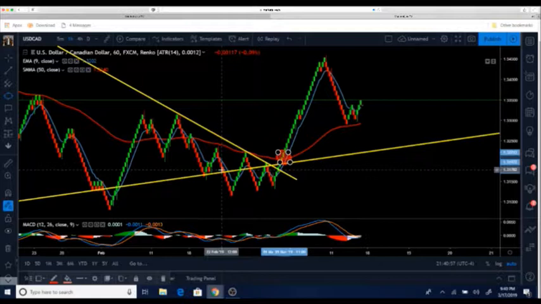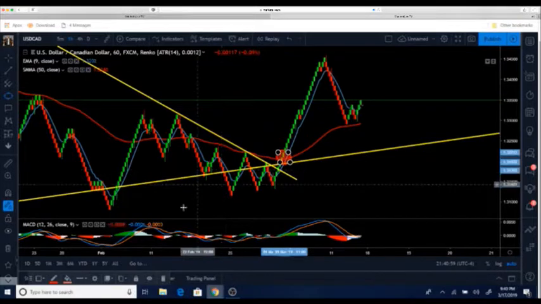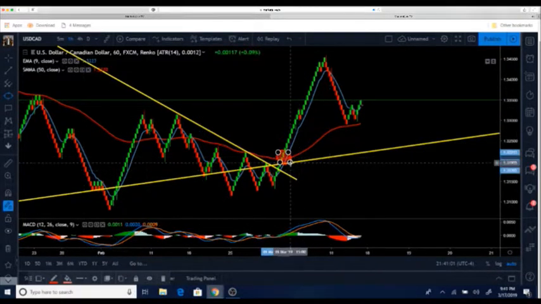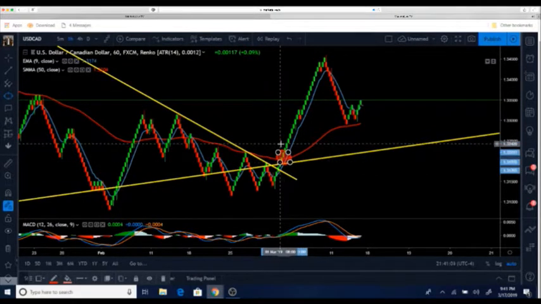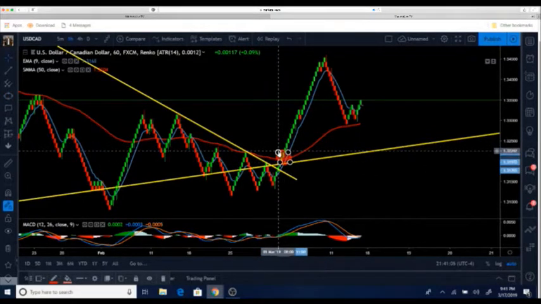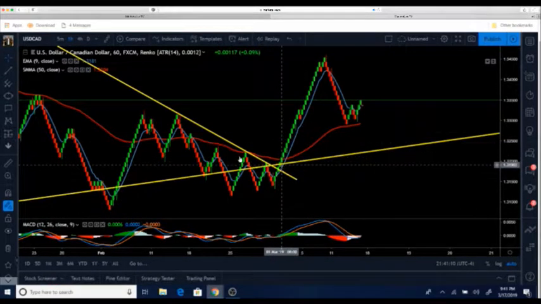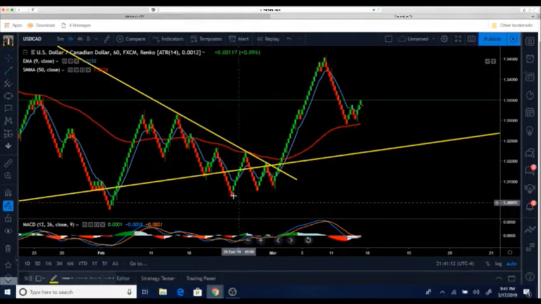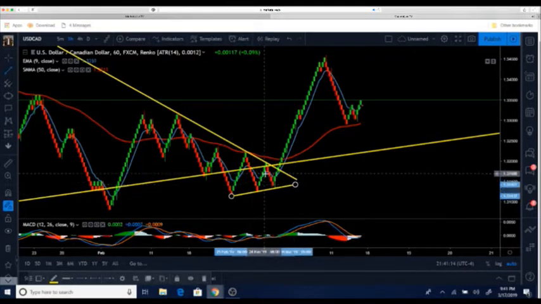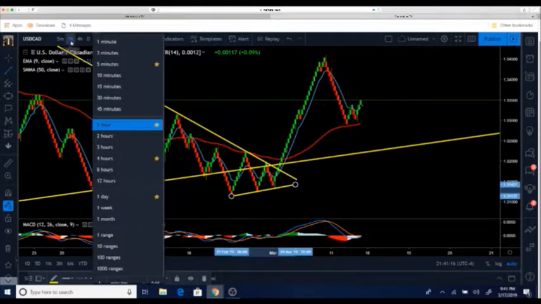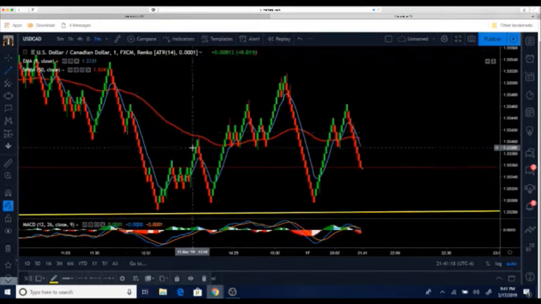What if you would have gone all the way down to the 1 minute? What if I would have wanted to enter on the 1 minute all the way down here on USD CAD? I already have this marked up. So let's say I jump from the 1 hour all the way down to the 1 minute now.